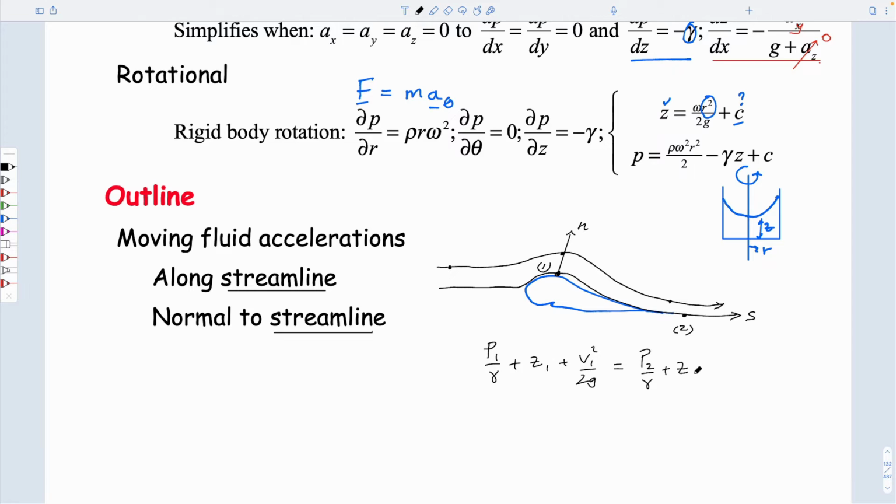And I'm going to derive it in a second. You'll be horrified to hear. But if you've seen Bernoulli's equation, this is it. It just says that if you add together the pressure head, the elevation head, and the velocity head at one point upstream, then that is equal to the sum of the pressure head, elevation head, and velocity head at that point downstream.